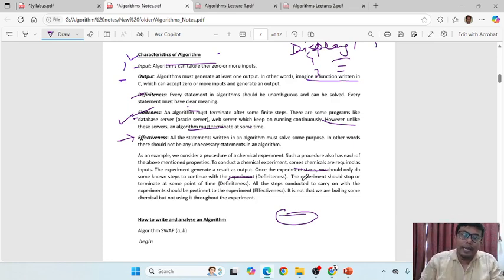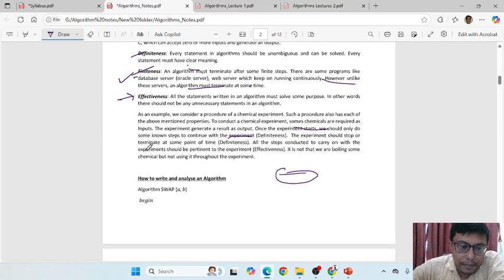All these five characteristics of an algorithm which you have studied can be related to any physics or chemical experiment which you have already done, because those experiments are a procedure you follow, and an algorithm is also a procedure to solve a problem. So they are alike. This concludes the characteristics of an algorithm.